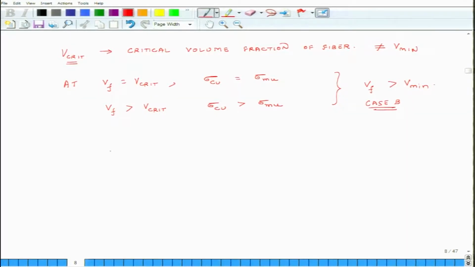So, what is the expression for case B? Sigma Cu equals sigma Fu times Vf plus sigma m times 1 minus Vf. This is the expression for case B.